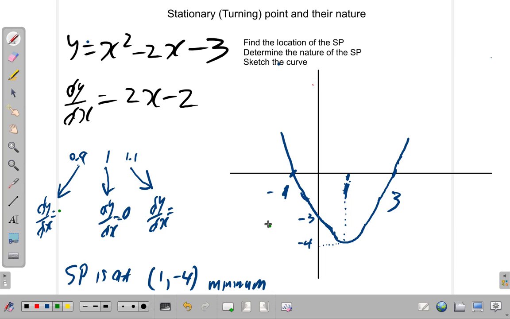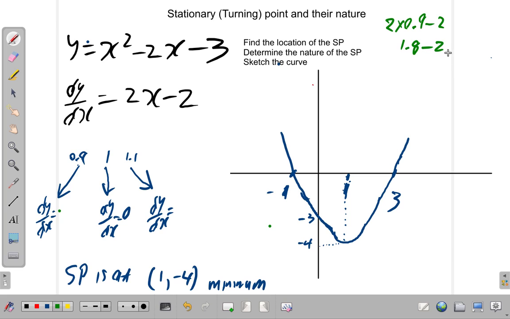Let's use this space up here. dy by dx at 0.9: 2 times 0.9 minus 2. 2 times 0.9 is 1.8.